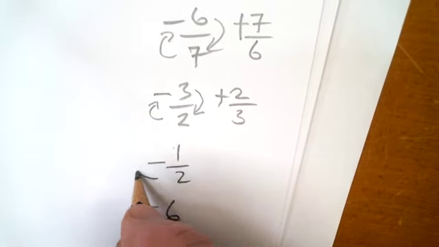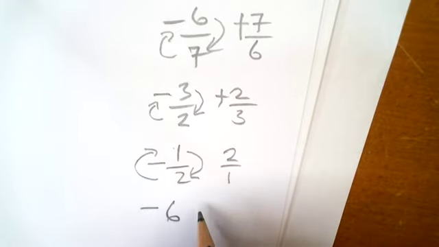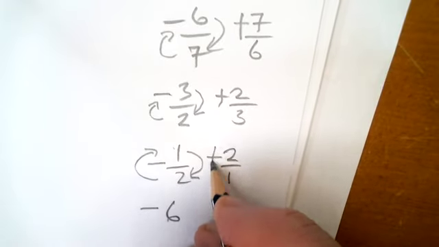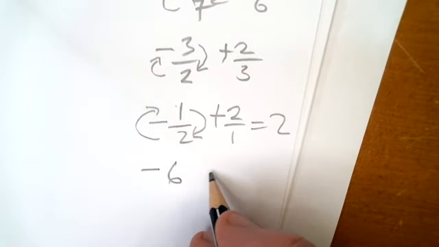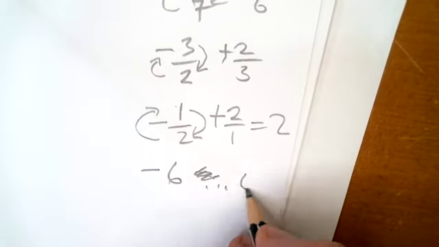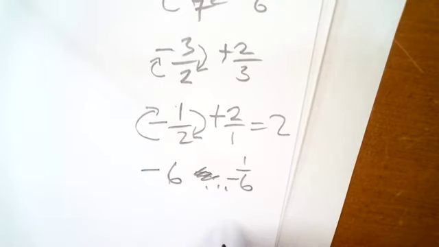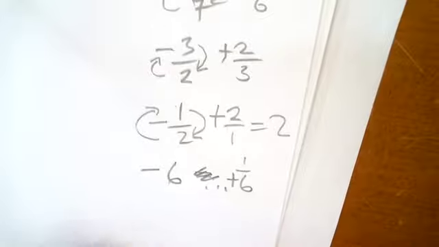Negative a half, flipping it the other way, is 2 over 1. Well, of course, 2 over 1 is 2. It was negative, and now it's positive, so let's put 2 here. Negative 6 becomes negative 1 over 6. And of course, it was negative, so we make it negative and make it positive. So that's all we're doing.